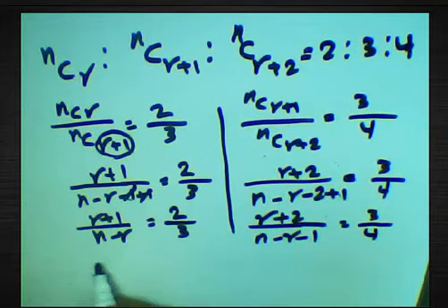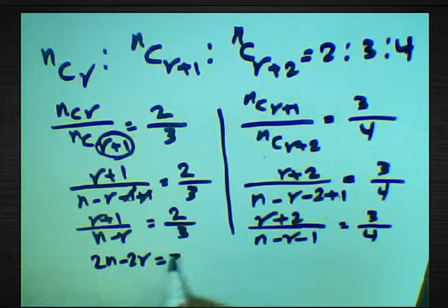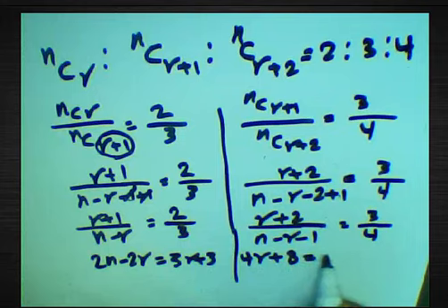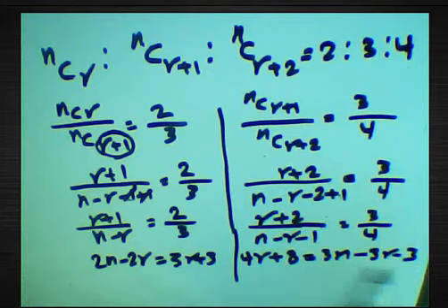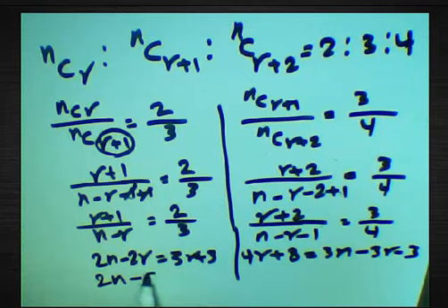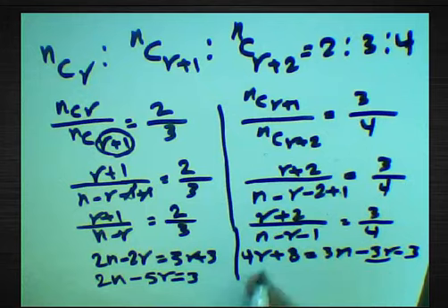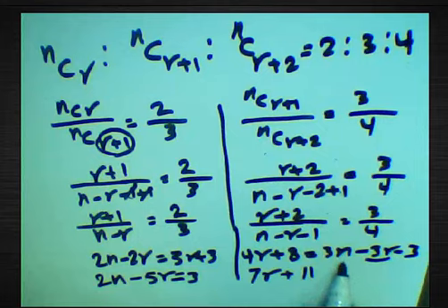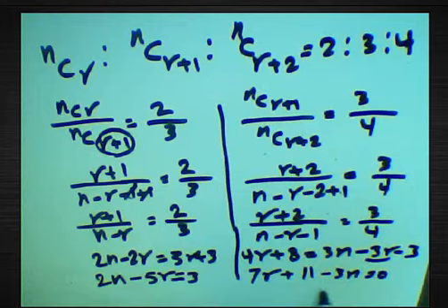Then we can cross multiply: 2n minus 2r equals 3r plus 3, and 4r plus 8 equals 3n minus 3r minus 3. We can simplify it: 2n and negative 5r will be equal to 3, and here 4r plus 3r is positive 7r, plus 8 plus 3 equals 11, and we have negative 3n, equal to 0.